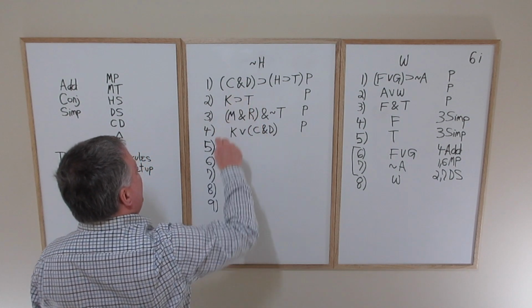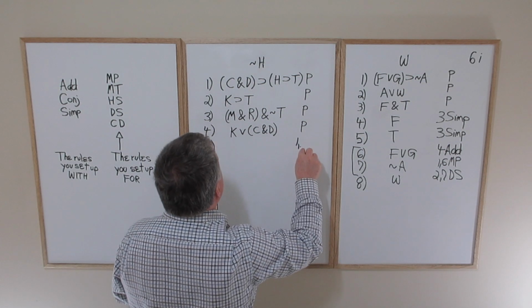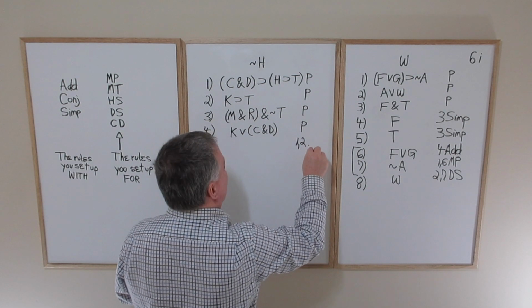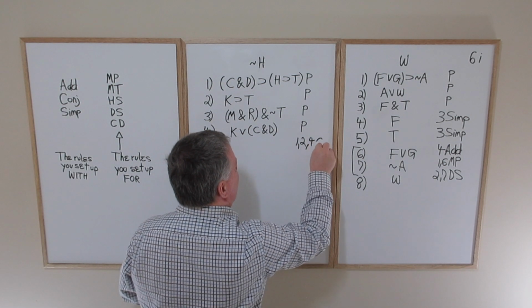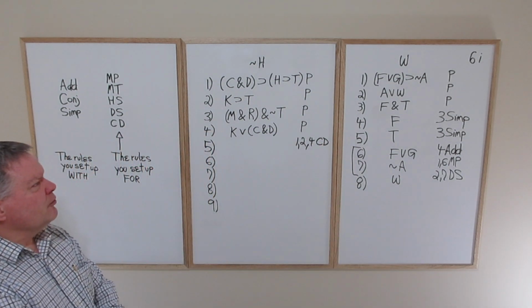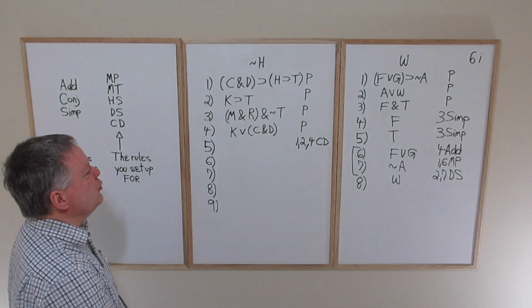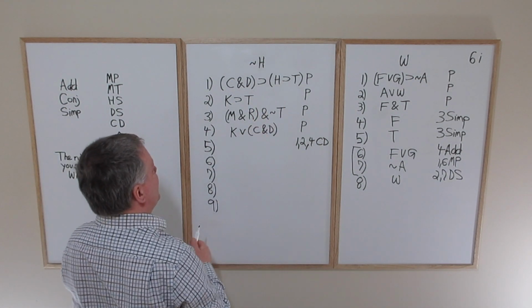So we have this. So we can go 1, 2, 4, constructive dilemma, and what will that give us? That will give us a disjunction of the two consequents of the conditionals.